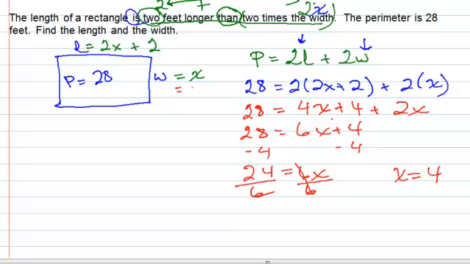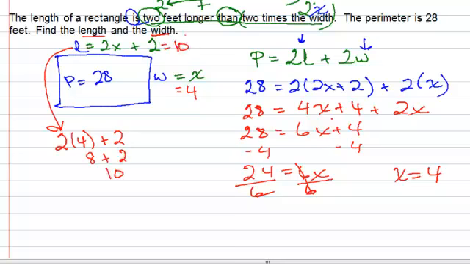So the width is equal to 4. This one says we want to find the length and the width. So for the length, I have to do it down here because I didn't leave myself enough room. 2 times 4 plus 2, 8 plus 2 is 10. So the length is 10 feet, and the width is 4 feet. And that's the answer.